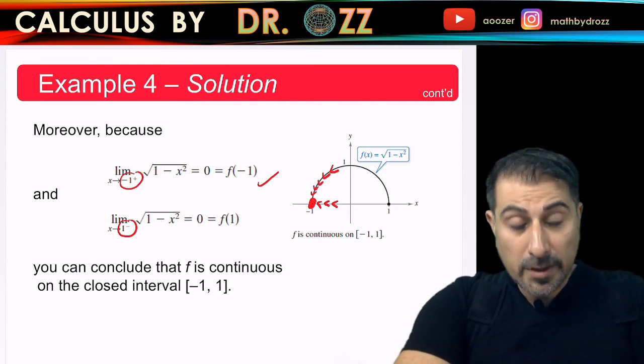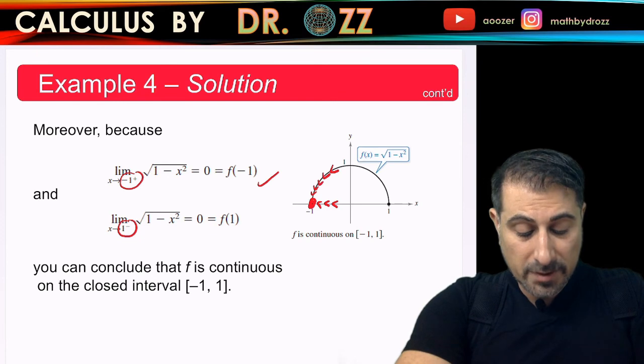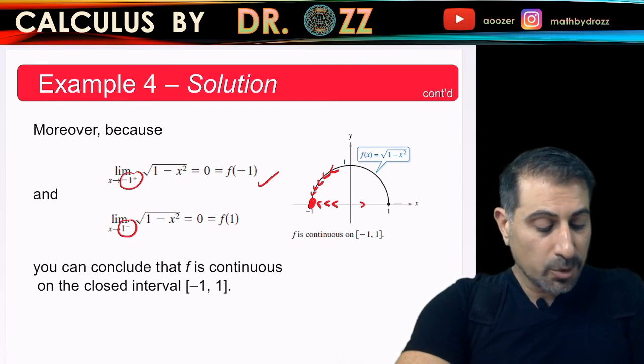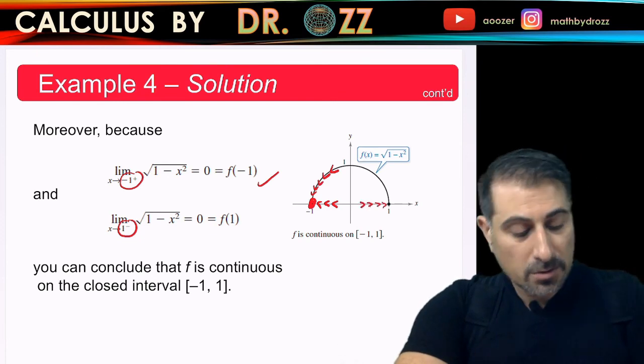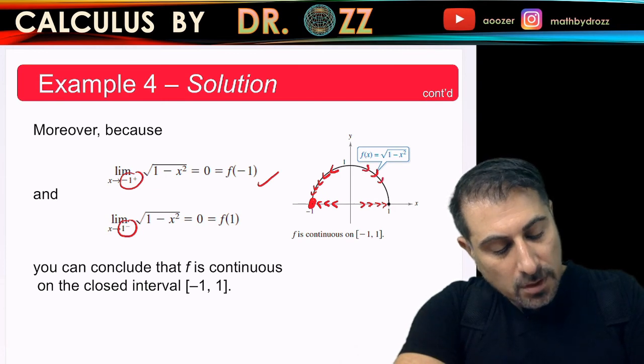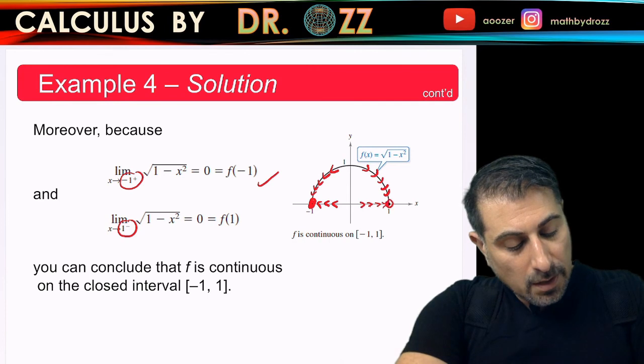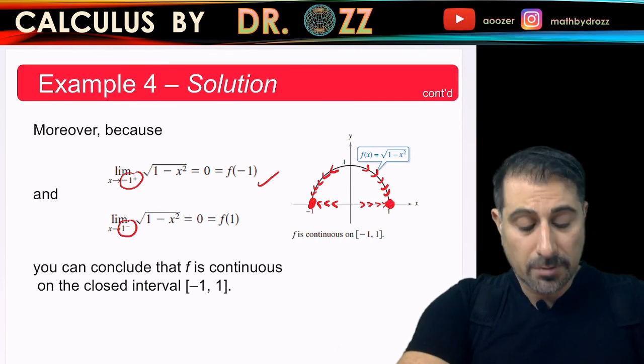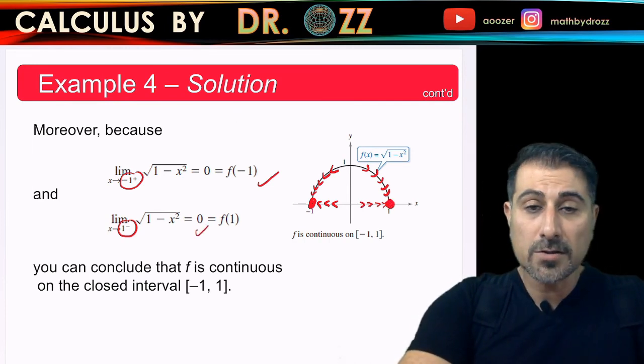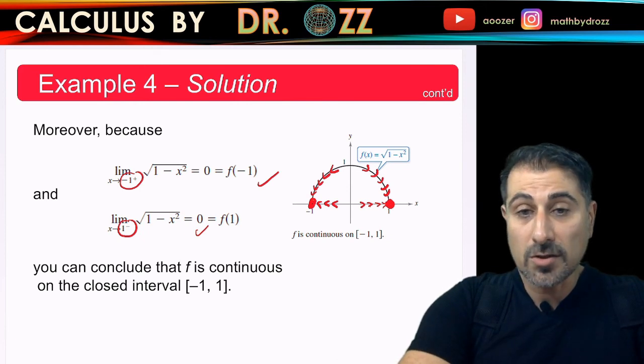If you're looking at the limit of the function as x approaches 1 from the left, that means I'm approaching 1 in this direction. So I'm walking down on the circle, going all the way to 0, which is in fact the function's value at x equals 1.